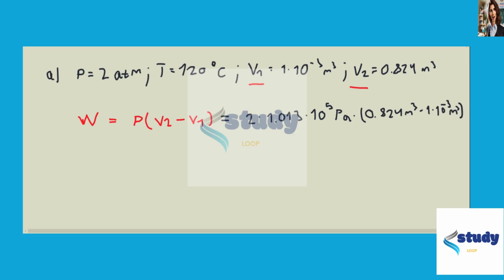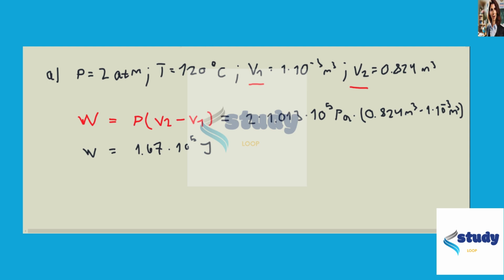And this will finally give us work that equals 1.7667 times 10 to the 5th degree joules. So here we know the work done for the vaporization of the water.